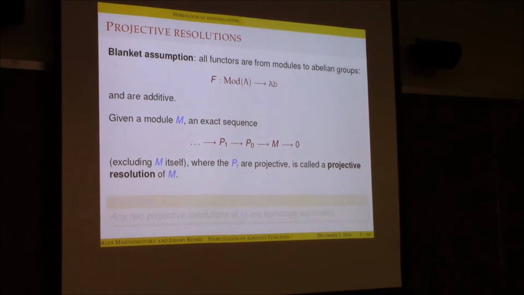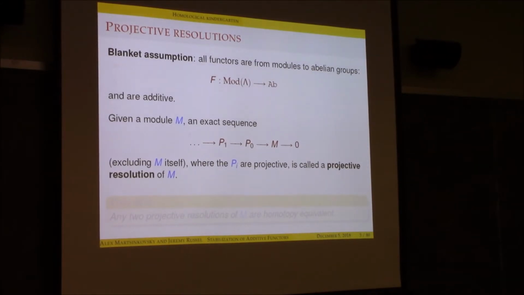Then you take an eraser and erase the letter M, and what's left is a complex of projectives that is called the projective resolution of the module M. So this part, beginning with P0, P1, P2, etc., is called the projective resolution.